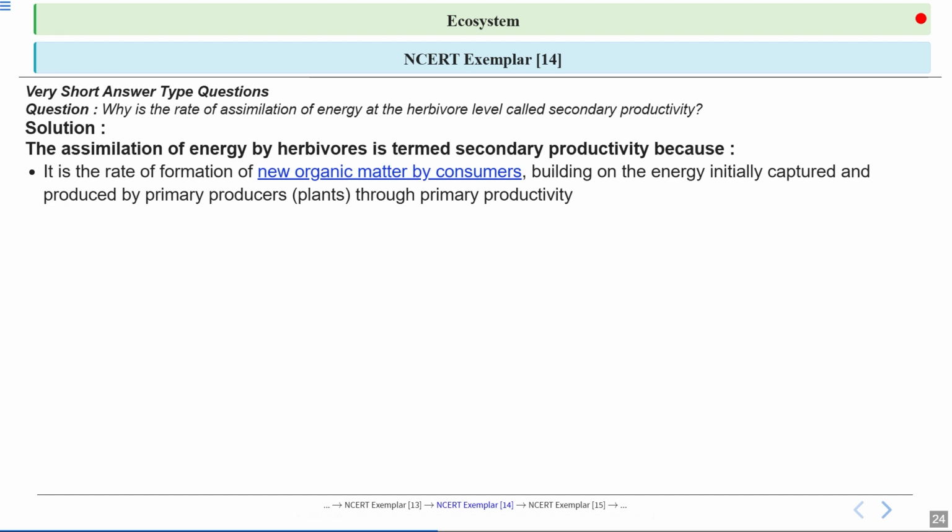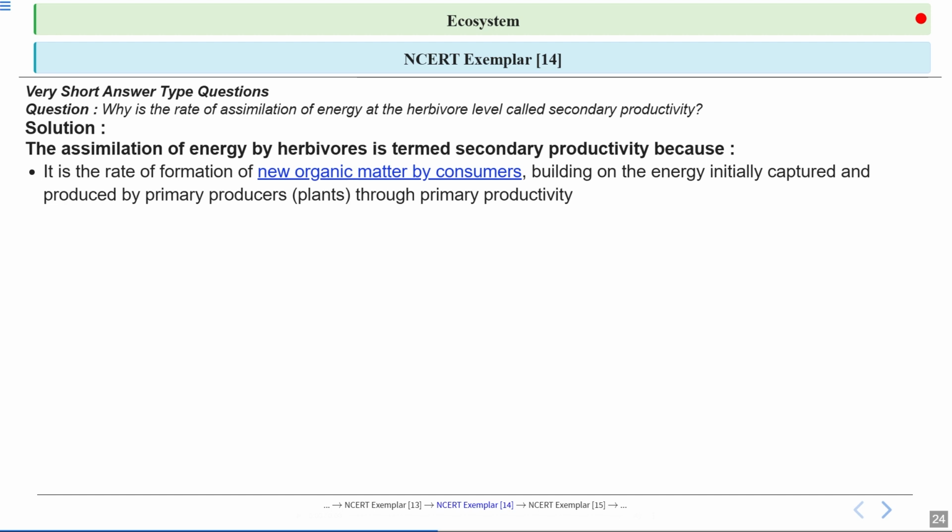This process is called secondary because it is an act of creation by a consumer, not by a producer. So the definition of secondary productivity is the rate of formation of new organic matter by the consumers. Primary productivity is related to the producer, secondary productivity is related to the consumer. Here the consumers are forming new organic matter by feeding on the producers.